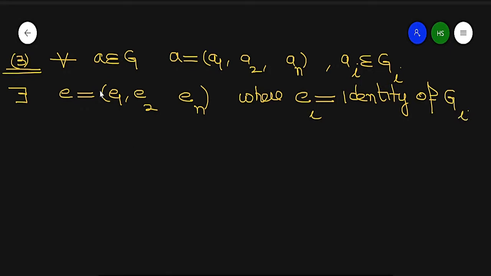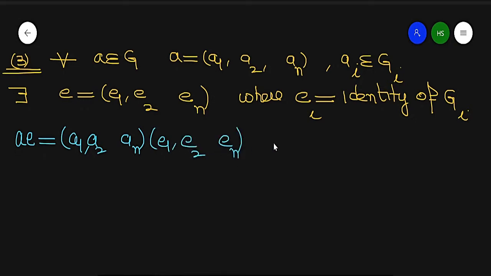Now to prove it acts as the identity of this group G, take a times e. This can be written as (a1, a2, ..., an) times (e1, e2, ..., en).